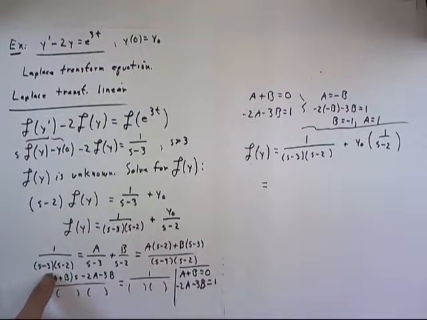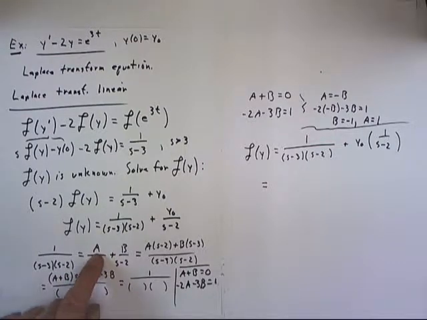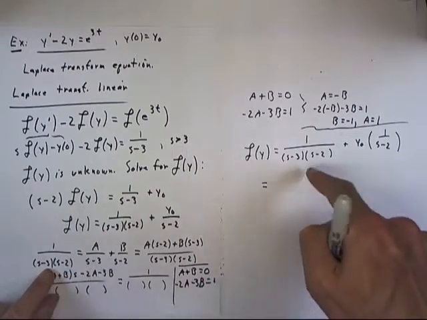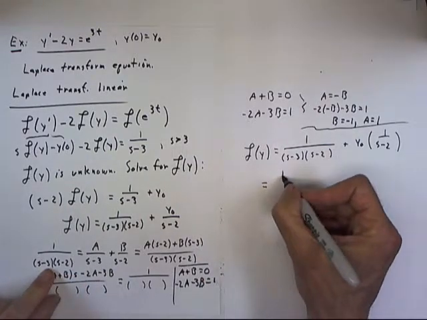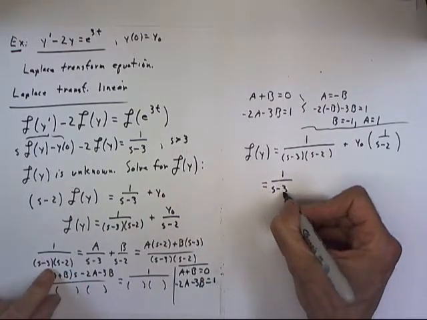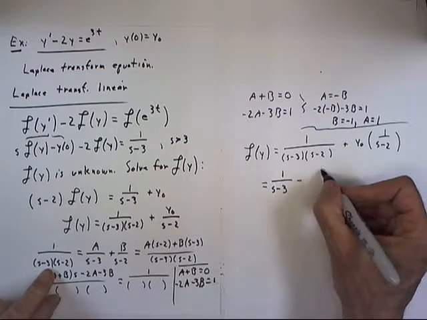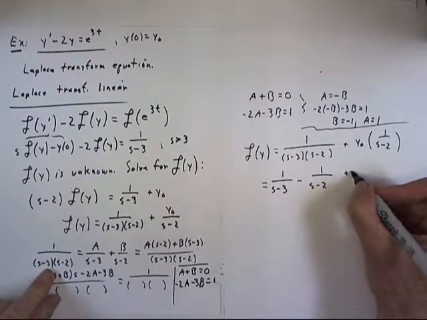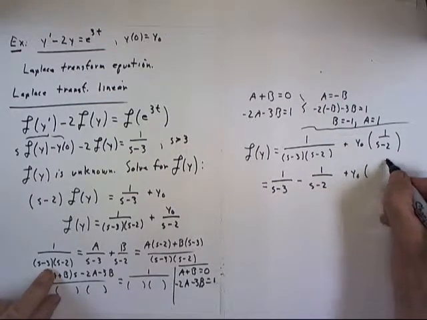So that now, since a is equal to 1 and b to negative 1, this fraction becomes 1 over s minus 3 minus 1 over s minus 2 plus y naught times 1 over s minus 2.